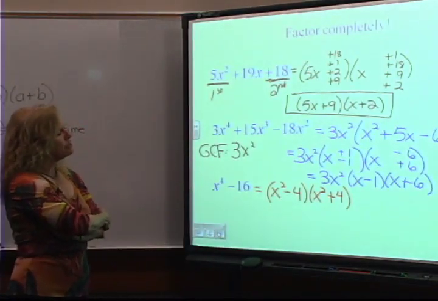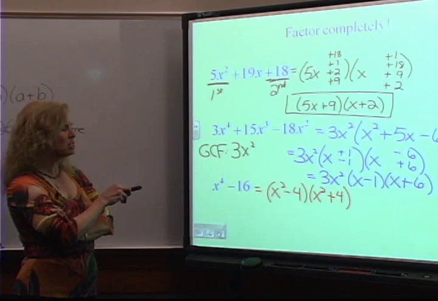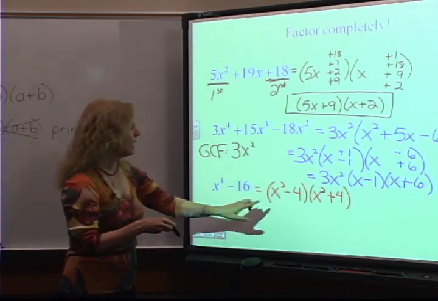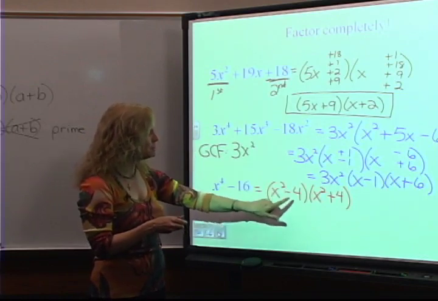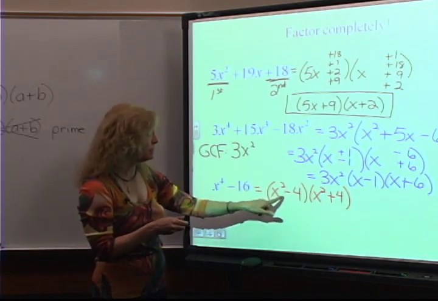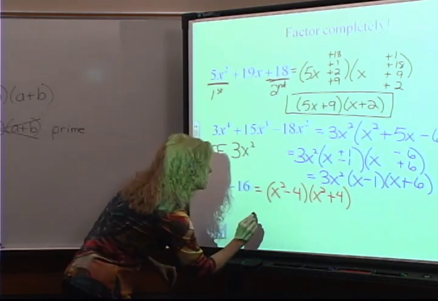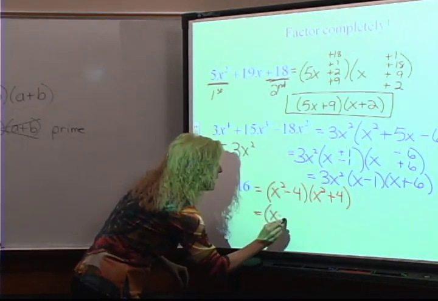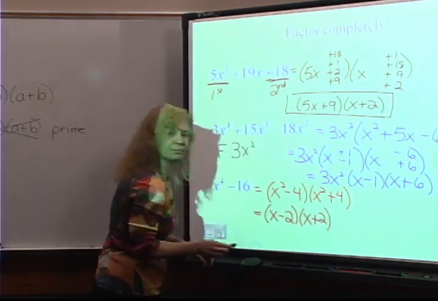And then you look at that and you think, well, now wait a minute. These are kind of big, so maybe I'm not done. Can I factor this down? I see 2 terms, a minus sign. This is a perfect square. This is a perfect square. So that would be x minus 2, x plus 2.